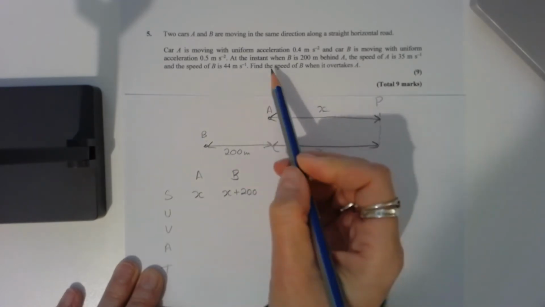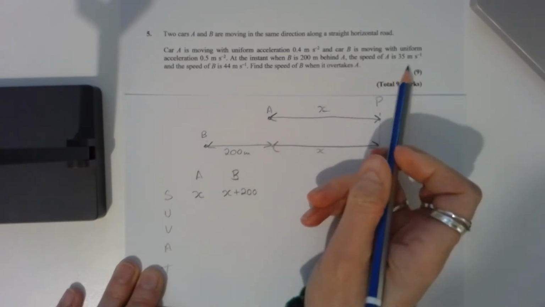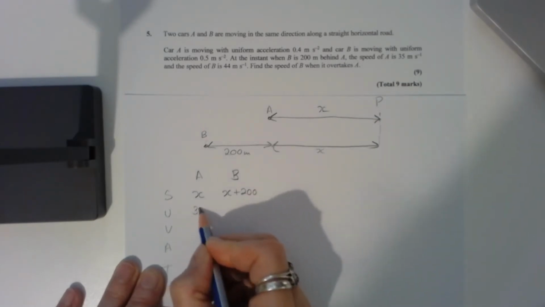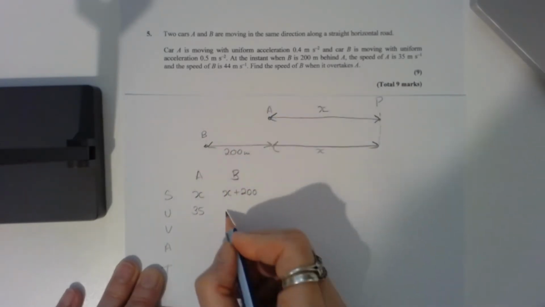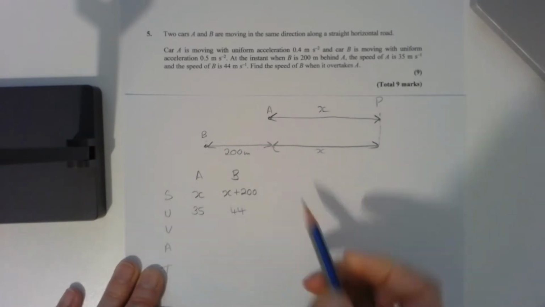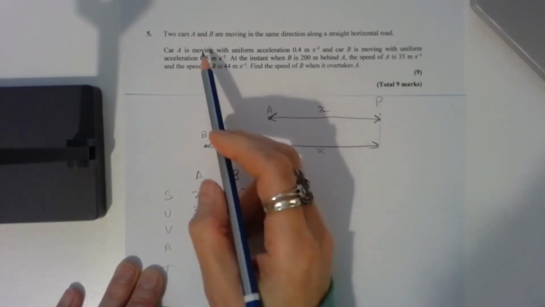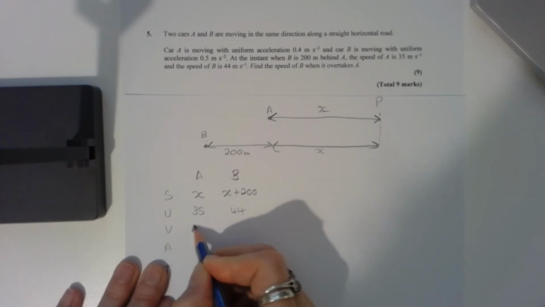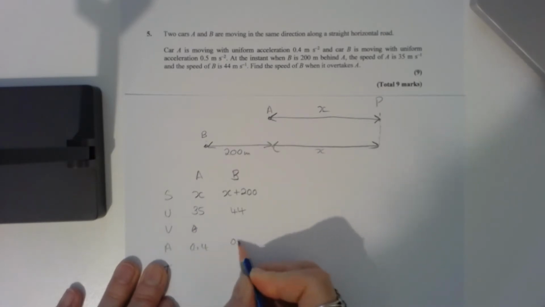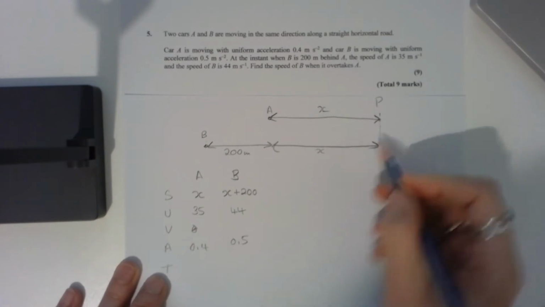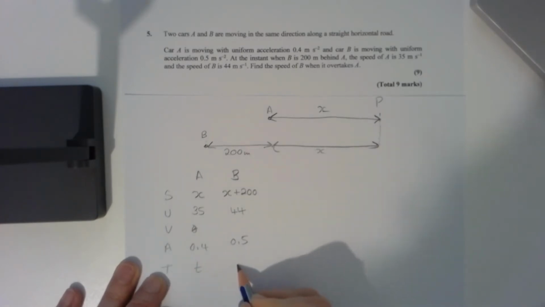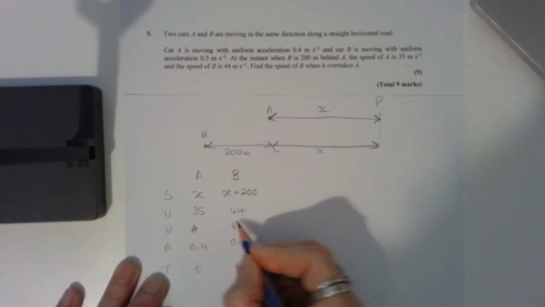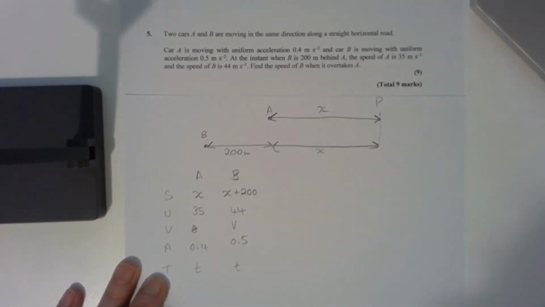The initial velocity of A is 35, and the initial velocity of B is 44. They are accelerating, so that's the initial velocity, not the final velocity. The acceleration of A is 0.4, and for B is 0.5. They have reached their destination P at the same point so that B can overtake A. We don't know the velocity for A, but we don't care. We do need to find the velocity for B.